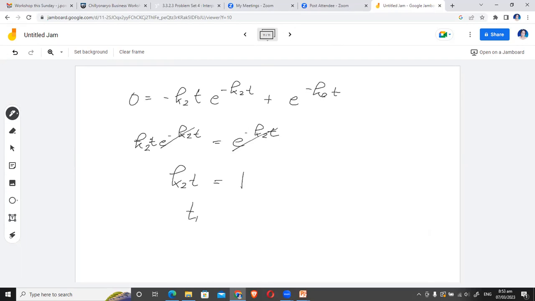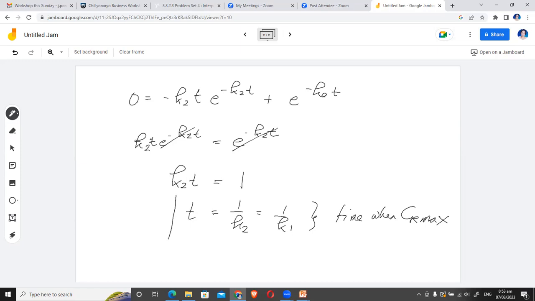That time, not T max, but rather one over k sub 2 or 1 over k sub 1, is the time when C sub R is maximum.